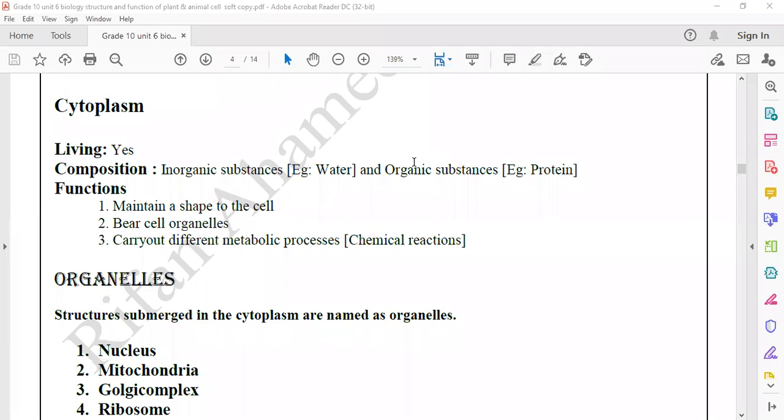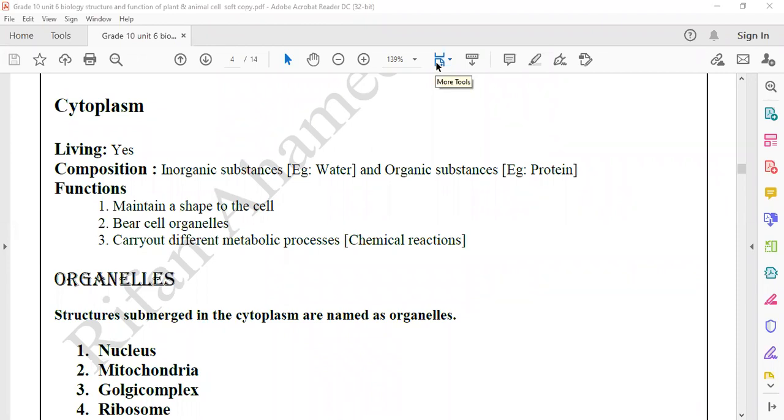It is myself who marked it. Your book is telling that it has inorganic substances and organic substances. It is not telling water and protein. It is me who marked it. And cytoplasm maintains a shape for the cell. It bears the cell organelles and it carries out different metabolic processes or chemical reactions.